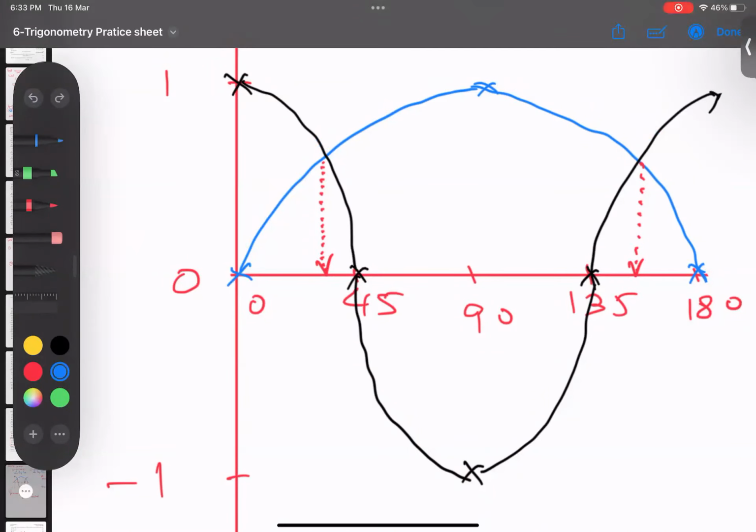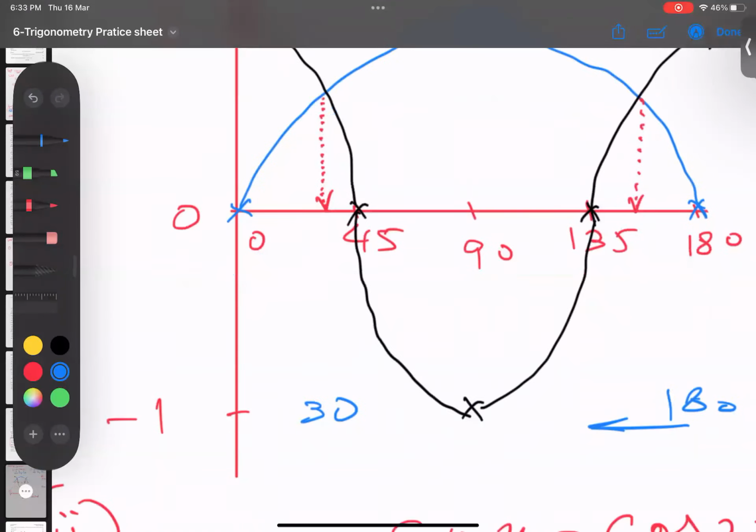If I move from this end, from this 0, if I move 30 this way, and from here, 180, 30 backwards, it is the same answer. I mean to say 30 from this is 30, and from 180 go backward 30, means 150. Check 30. They match.